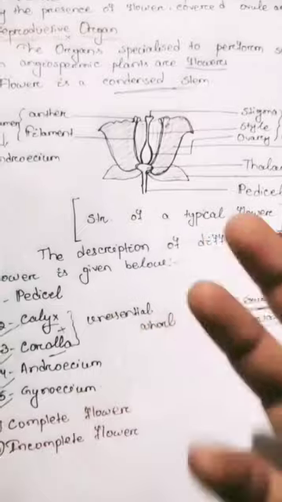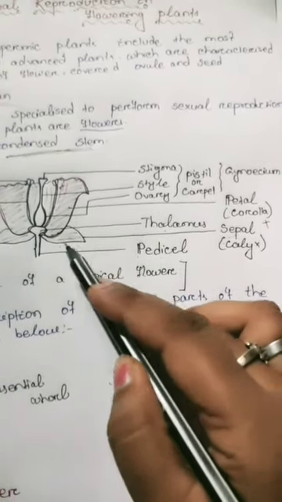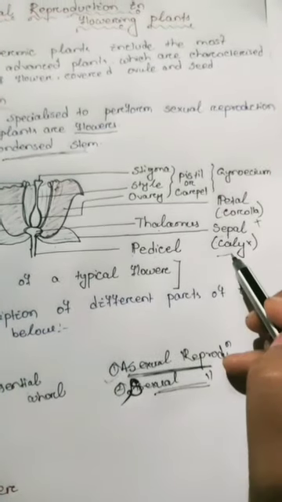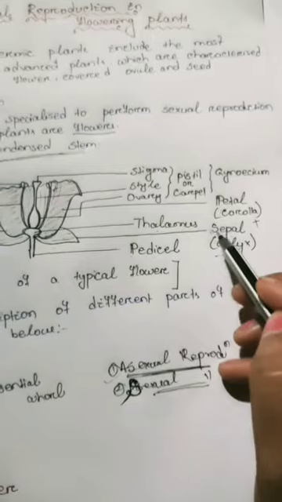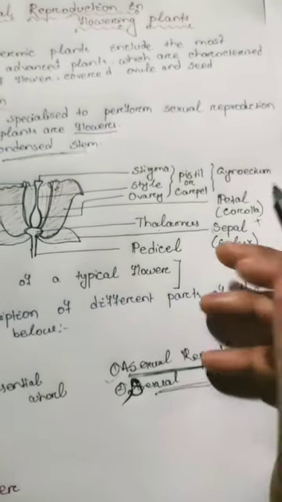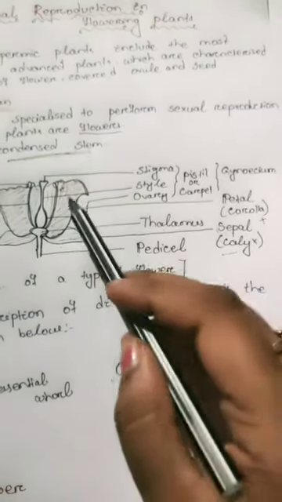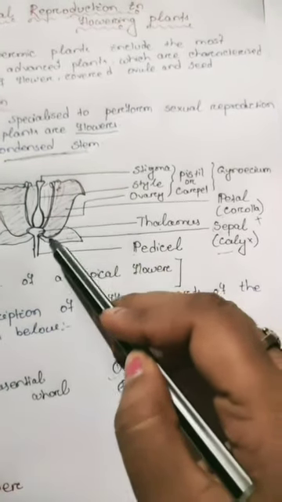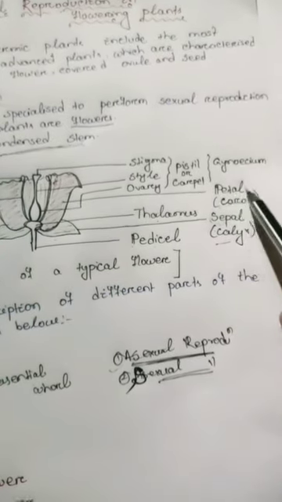First is calyx. What is calyx? The outermost floral part is known as calyx, and an individual part of calyx is known as sepal. The function of sepal is to protect the flower in bud condition. Next is corolla. This brightly colored floral part is known as corolla, and an individual part of corolla is known as petal.